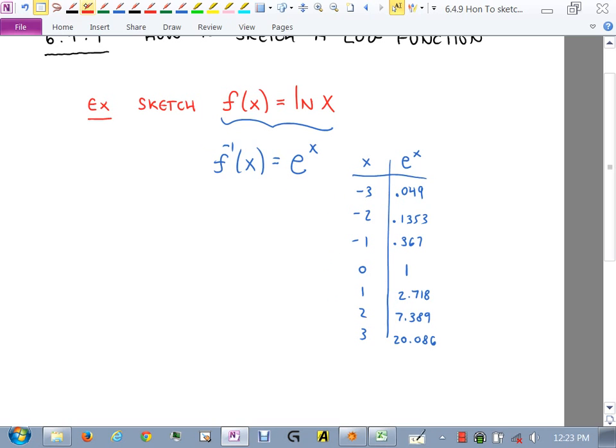And now what I can say is that for this function, if I made a t-table, x, natural log x, it would be every one of these coordinates flipped.